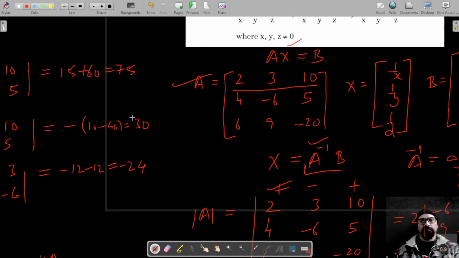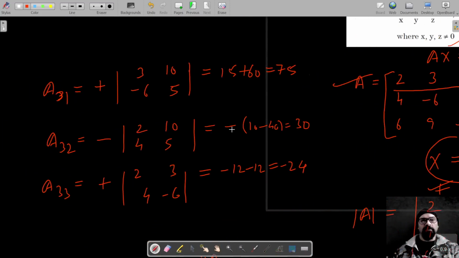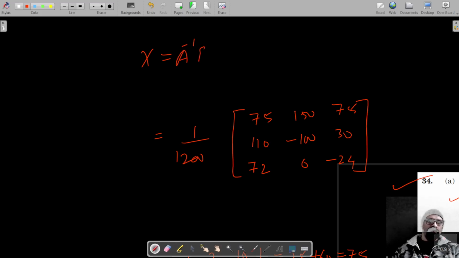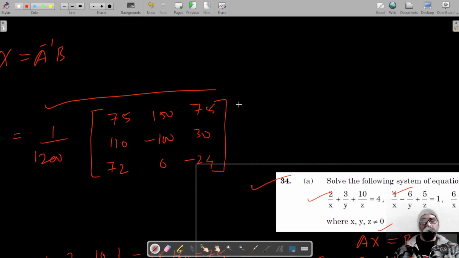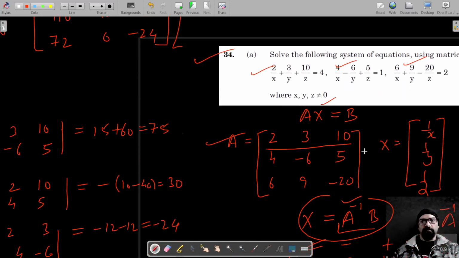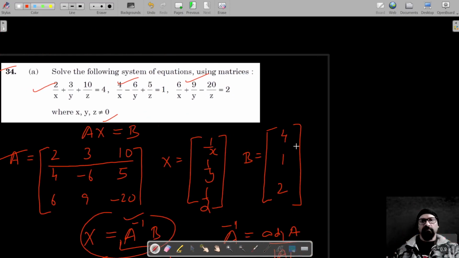So X is equal to A inverse B, the product of A inverse and B. So this is X, this is A inverse, and this has to be multiplied with B. And B was 4, 1, 2.